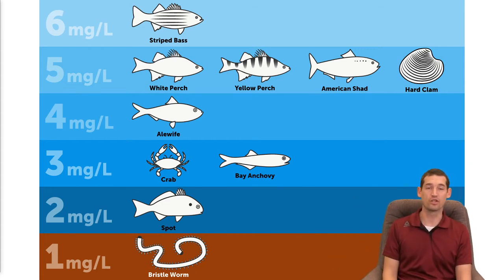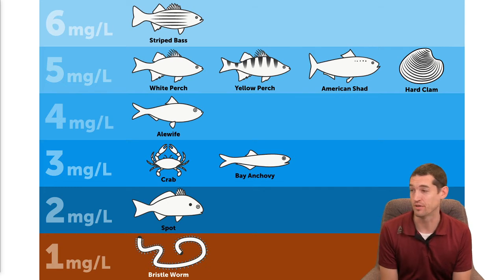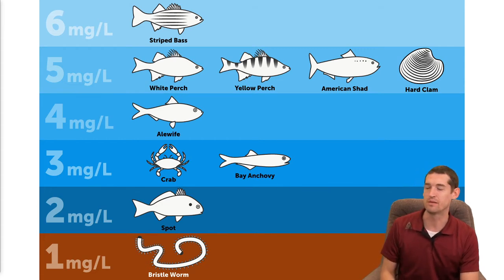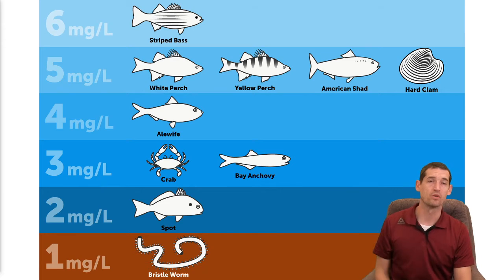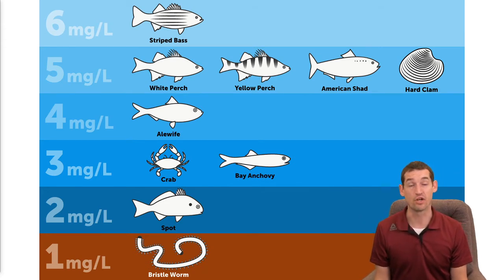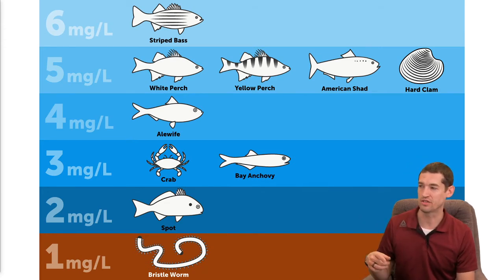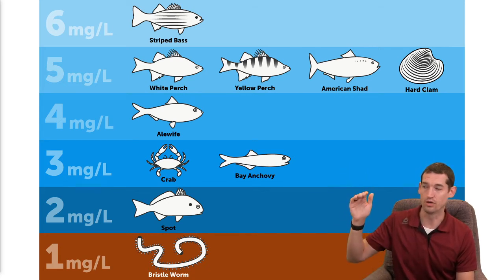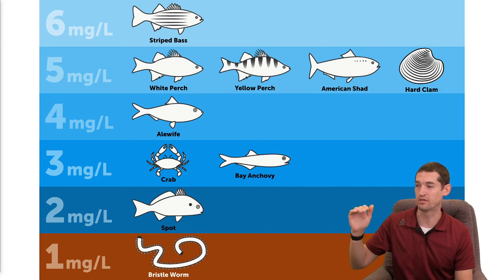So you could actually look at this lake, for example, and let's say you showed up one day and you noticed a bunch of striped bass had died. They were floating in the water, and maybe a few yellow perch. Well, that could be an indication that there's a toxin in the water, but it could also be an indication that your dissolved oxygen levels are starting to drop below 5 milligrams per liter.